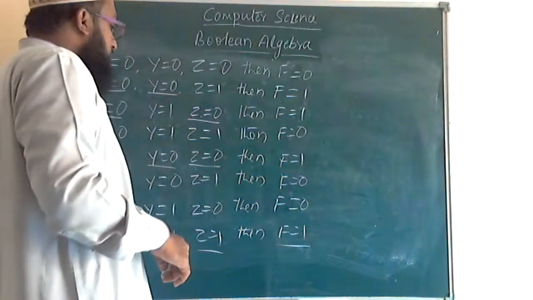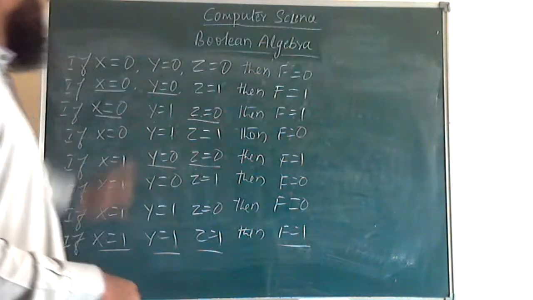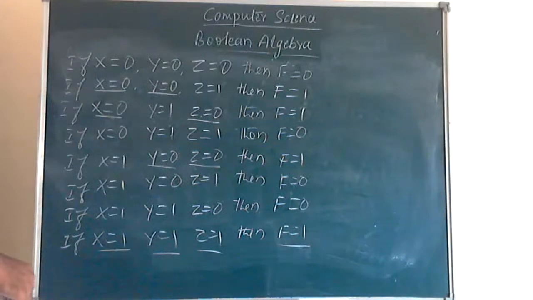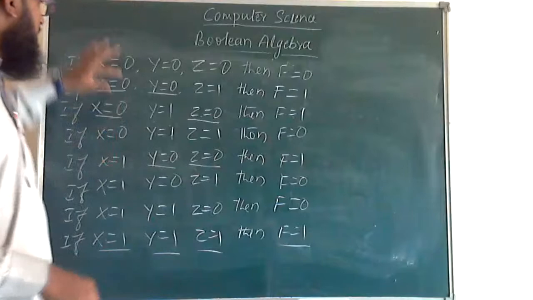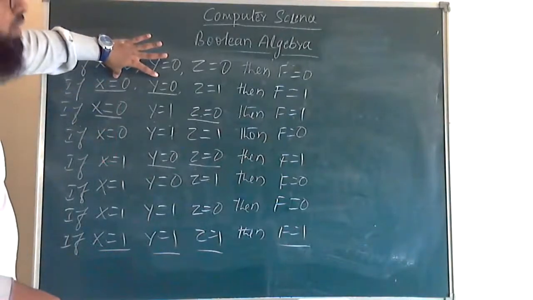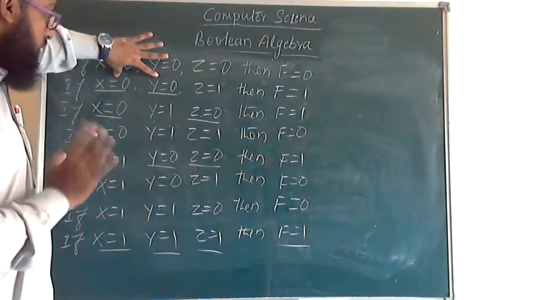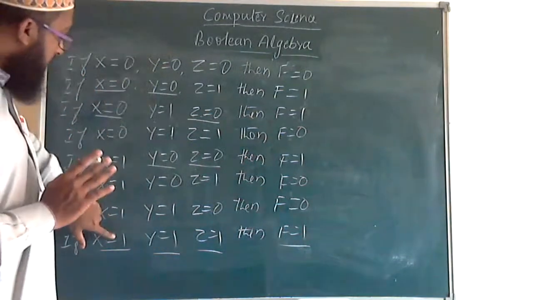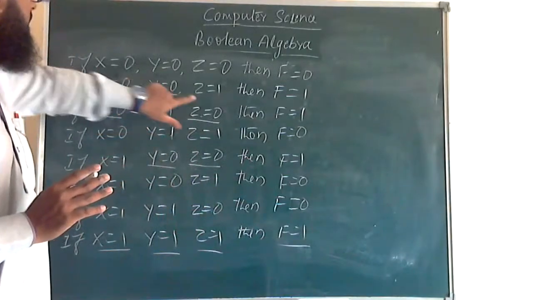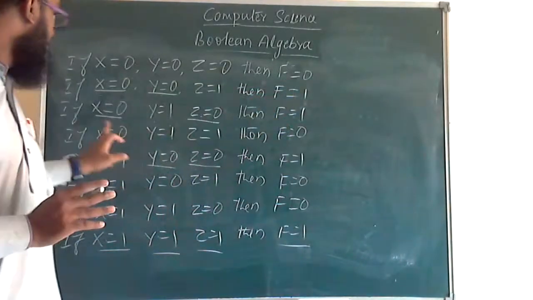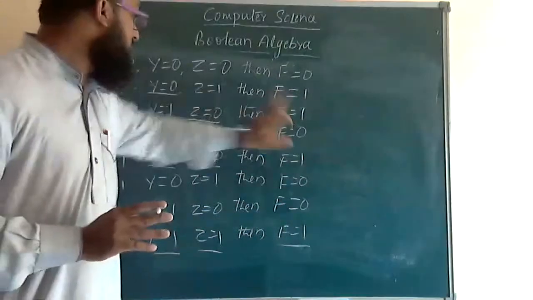Like this for a 3 variable expression with 8 combinations. Now we are going to write a truth table based on this. Wherever there are only two zeros, or the complete expression is 1. Here only two zeros are there, third is 1, then f is 1.